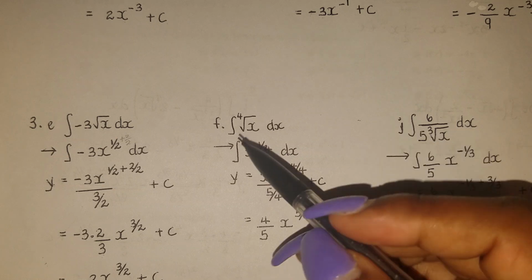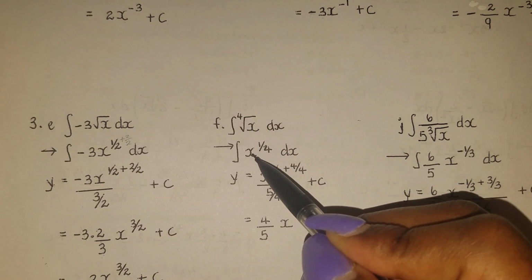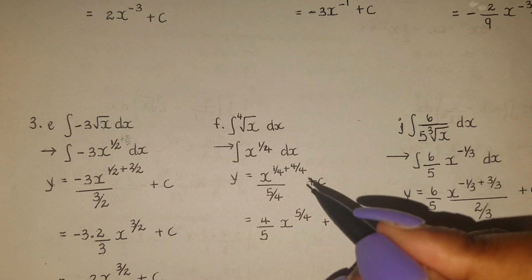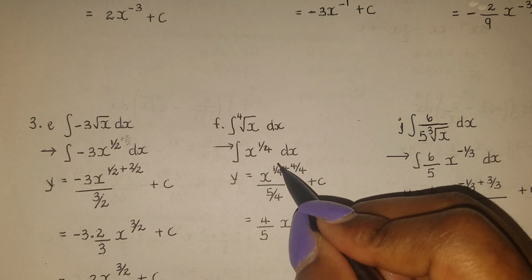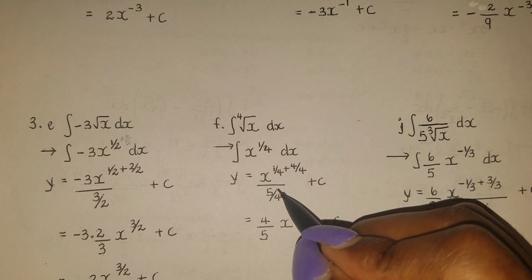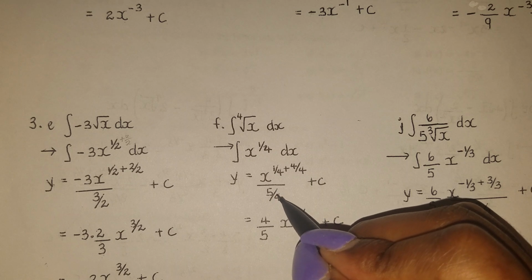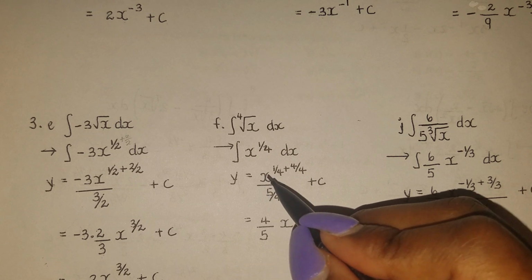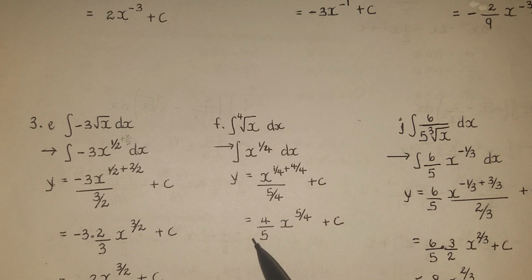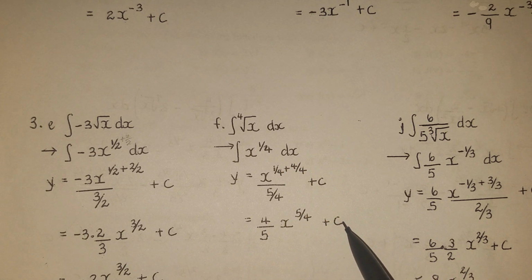In question F, this is the fourth root of x, which is rewritten as x raised to the quarter. We add 1 to our power to get 5 over 4, and we divide by 5 over 4. This 5 over 4 below gets brought up as 4 over 5, making our answer y equals 4 over 5x raised to 5 over 4 plus c.